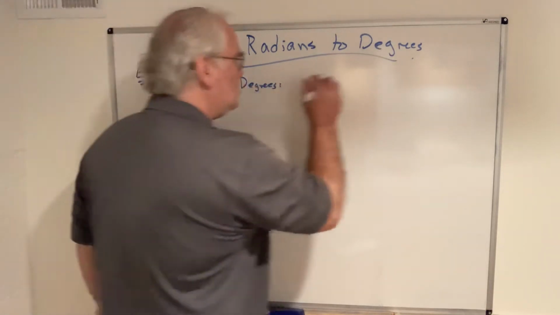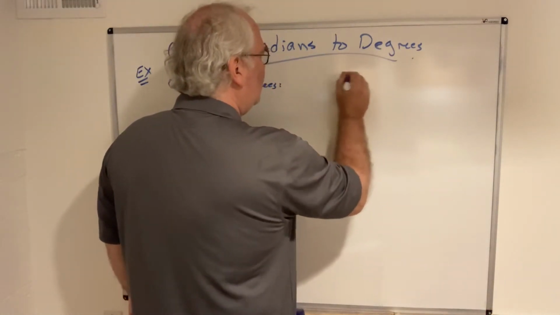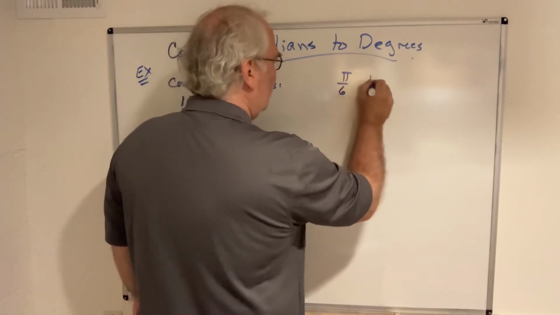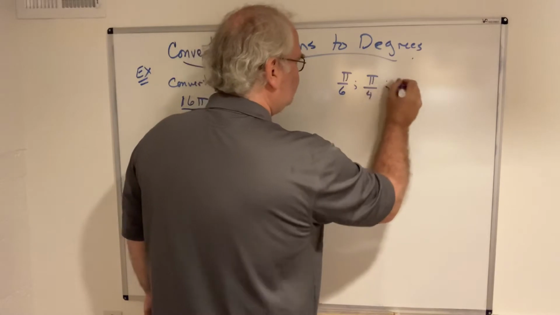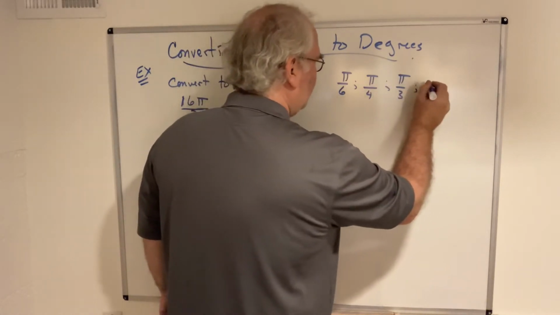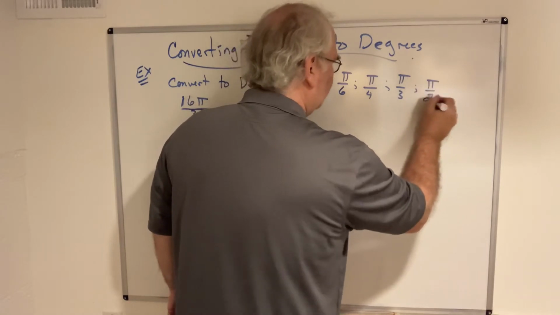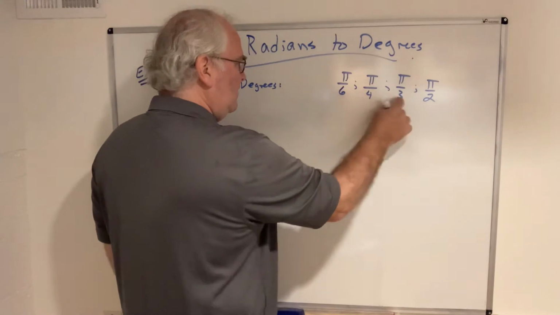The first is where we do know that there are some special radian measures with which we are familiar. Pi over 6, pi over 4, pi over 3, and pi over 2. We do know, remember, 6 and 3 are reversed.